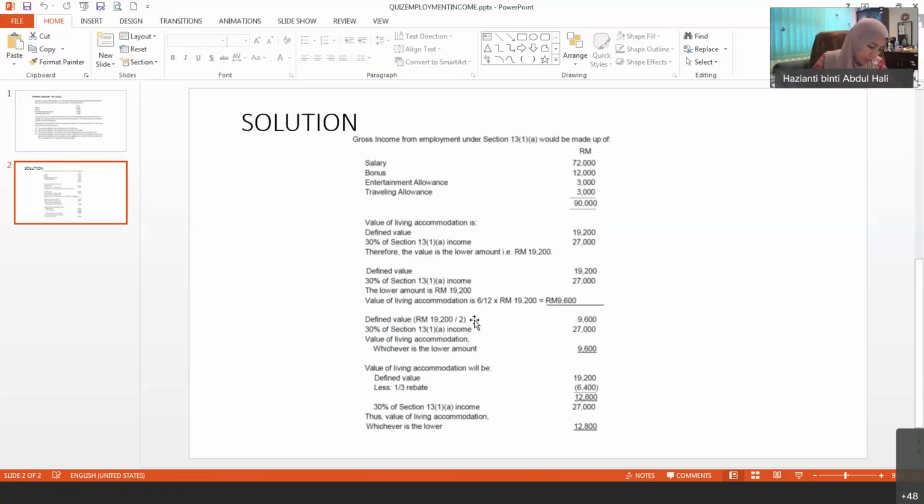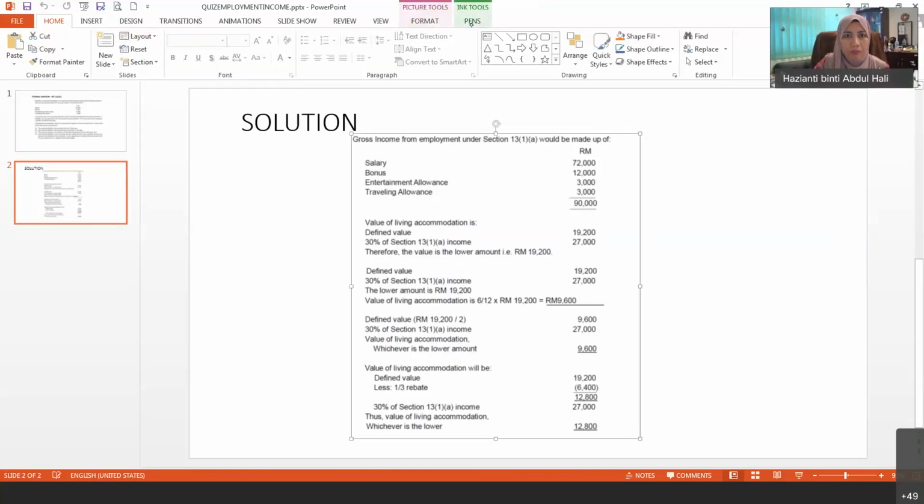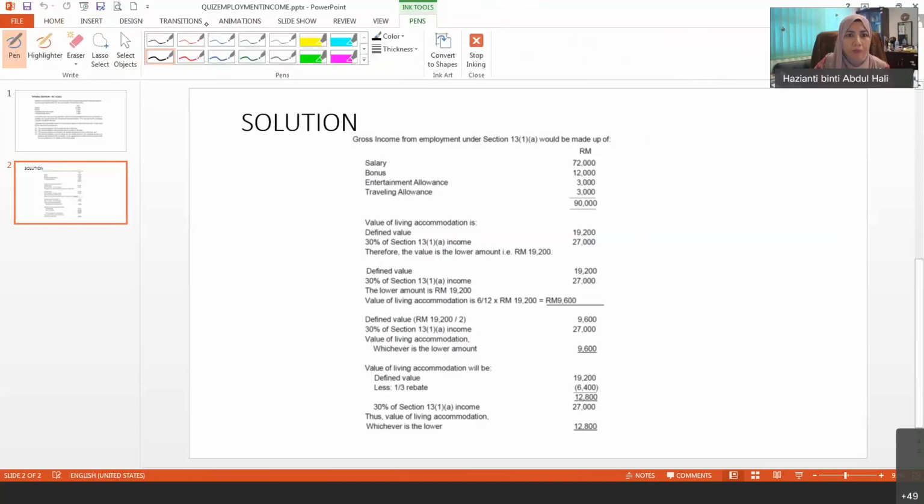And then the part C, the accommodation was shared with another employee for the full year. So this should be 2,000. Salah. 2,000.